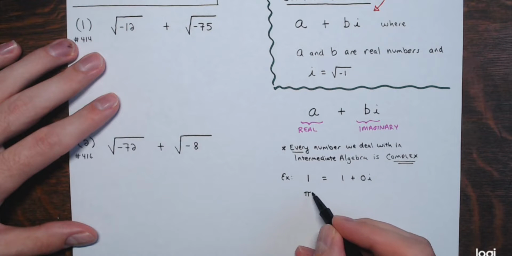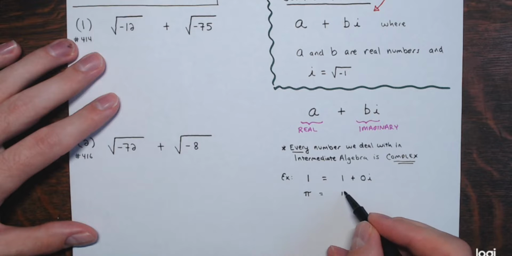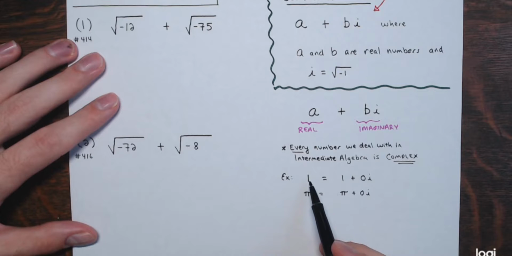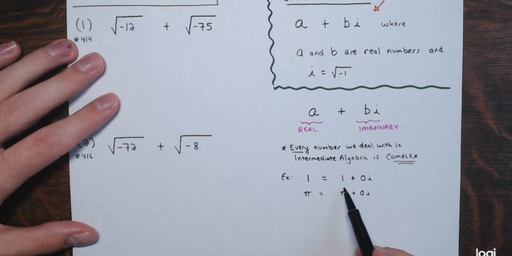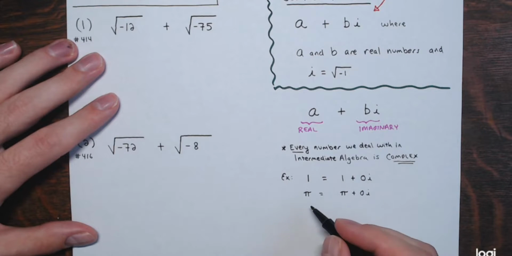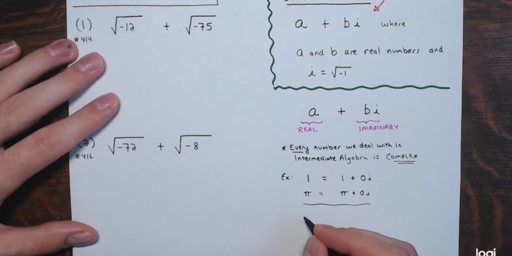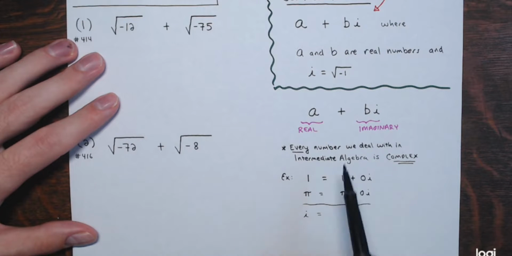Pi is a real number and can be expressed as pi plus 0i. In fact, any number that's strictly real can be expressed as that number plus 0 times i. Same thing for the imaginary numbers. If something's strictly imaginary, like i, you can still express it in this standard form as 0 plus 1i, a real number plus a real number times i.